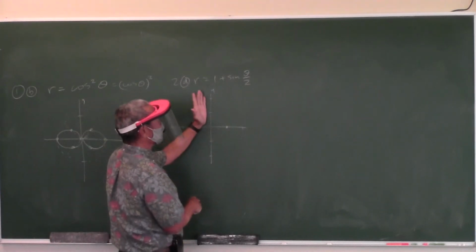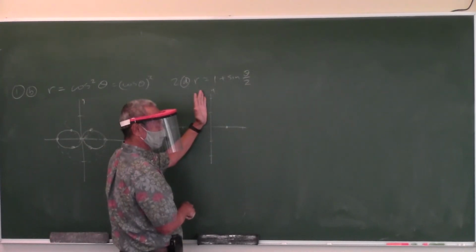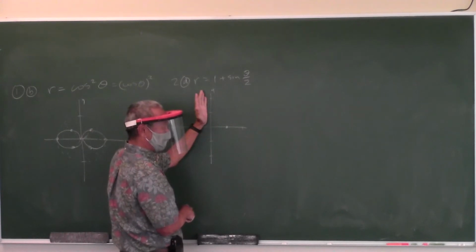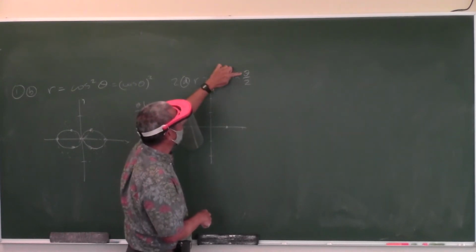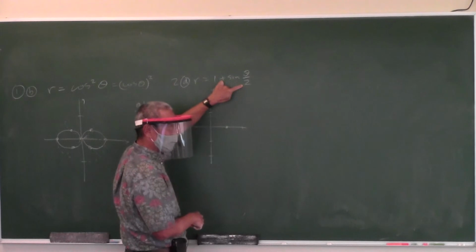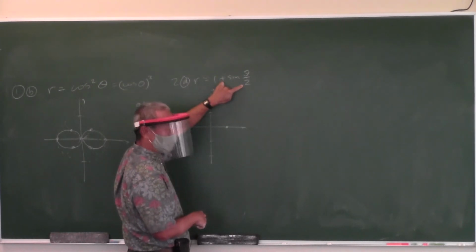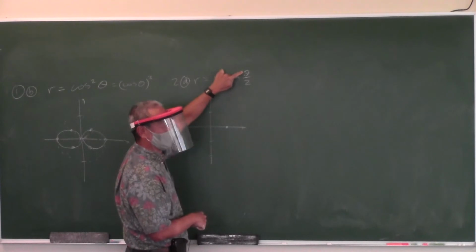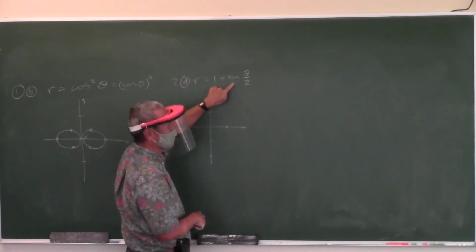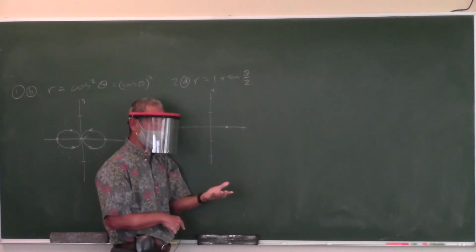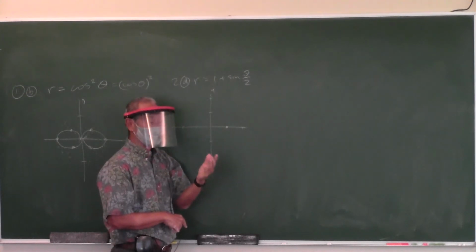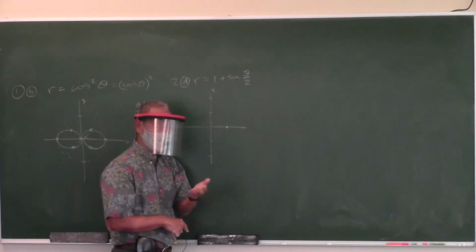Okay, pi over 2. What is pi over 2 over 2? Pi over 4. Pi over 2 over 2 is pi over 4. What is the sine of pi over 4? Root 2 over 2, which is about what?